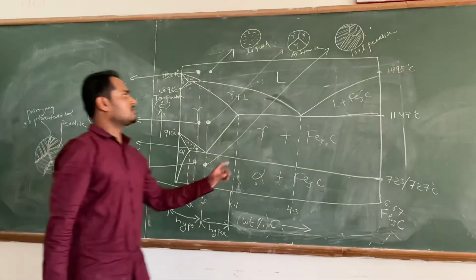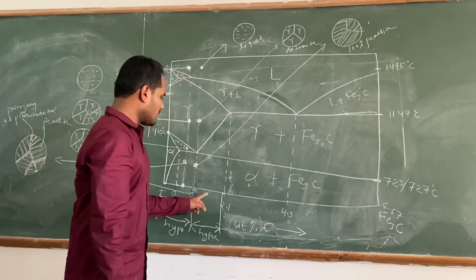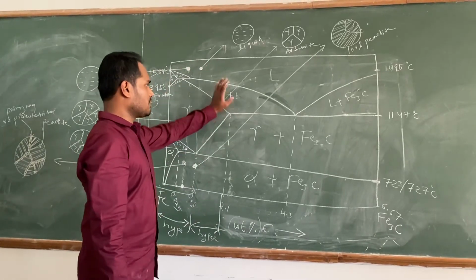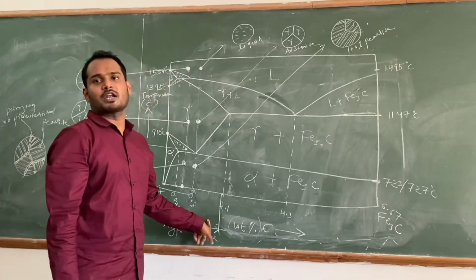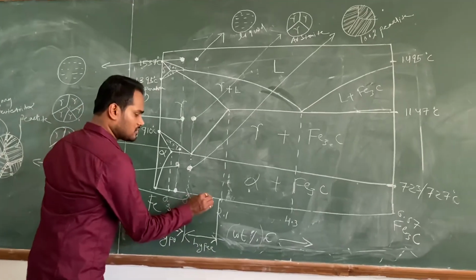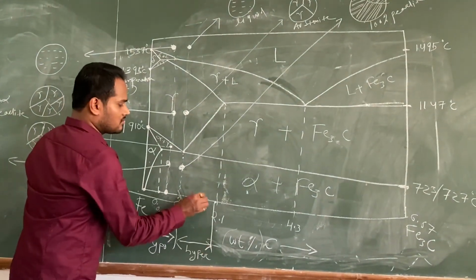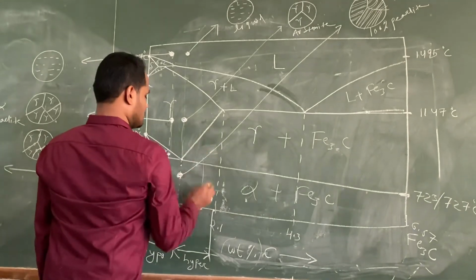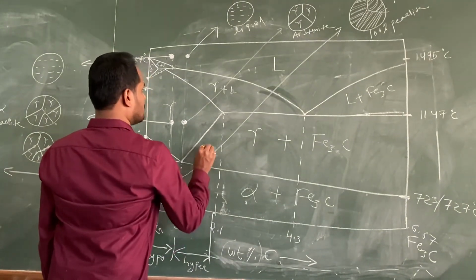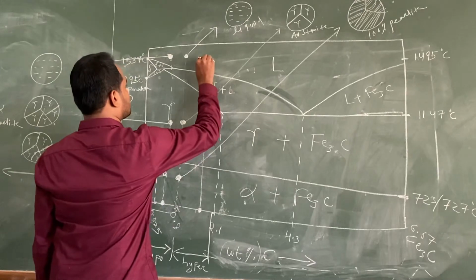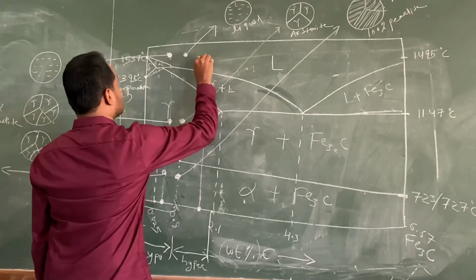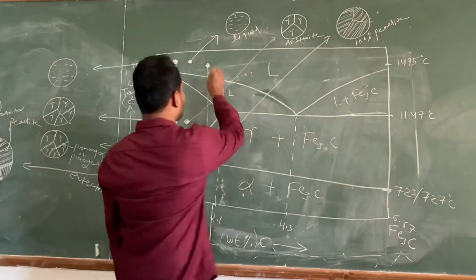Similarly, somebody will ask, suppose you show me the microstructure evolution of a hypereutectoid steel. Suppose I am taking a composition of this one. This is the hypereutectoid system. So suppose I will move along this one and go to this high temperature. Okay. So how will be the microstructure? I am drawing here.